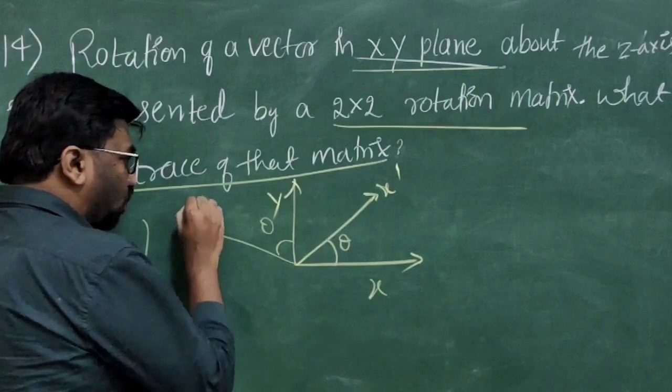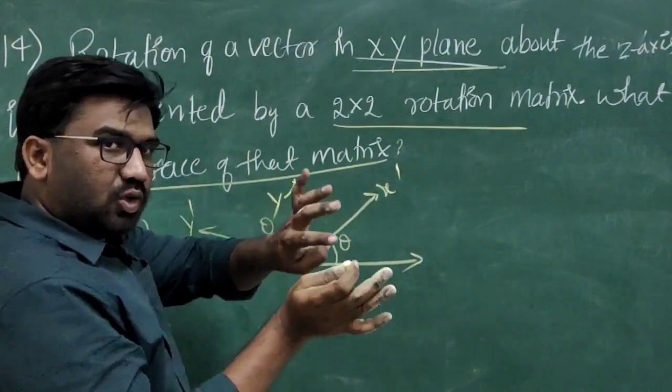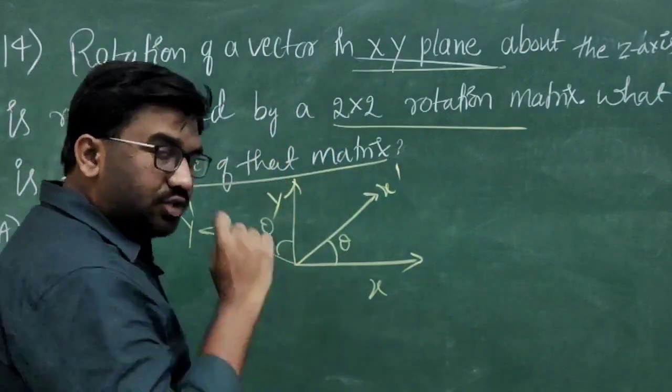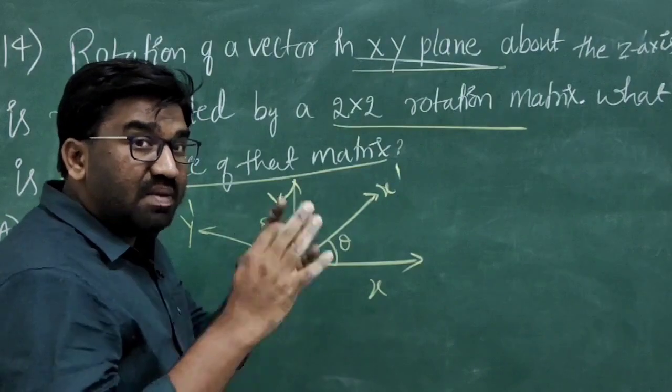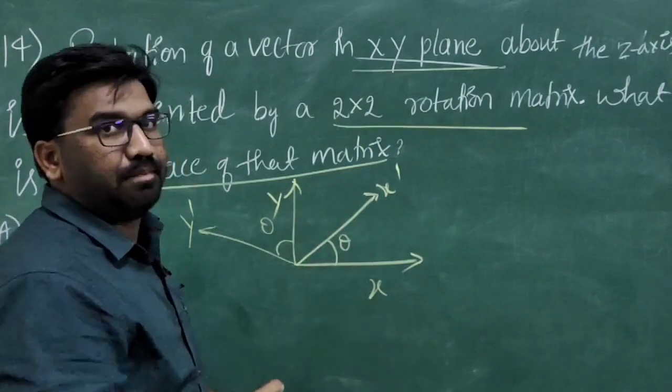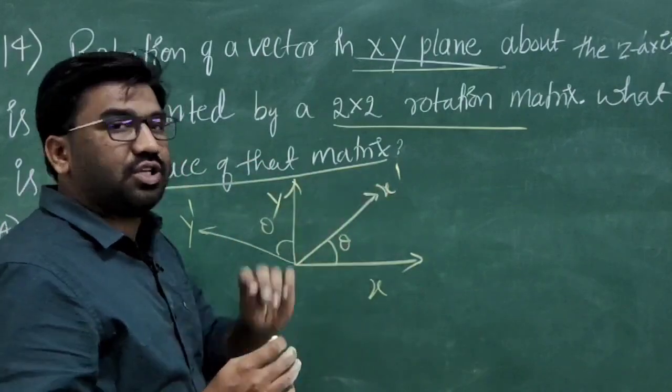X to x prime, y to y prime. Now we should calculate the rotation matrix, the elements and the magnitude of the vector which is changing.